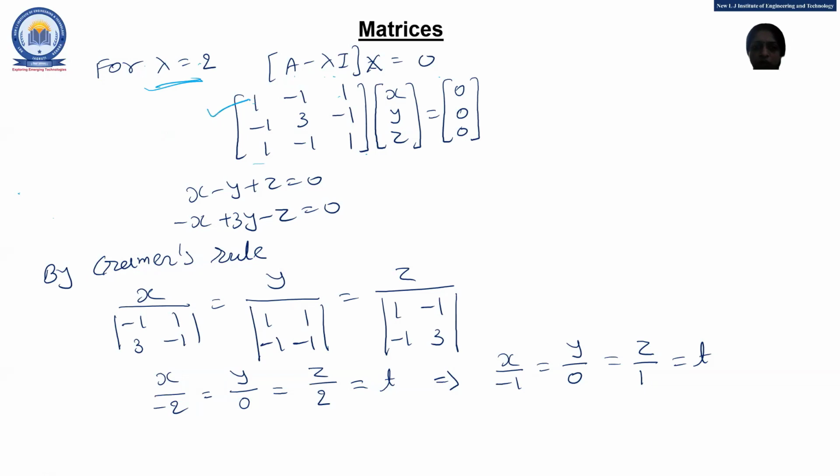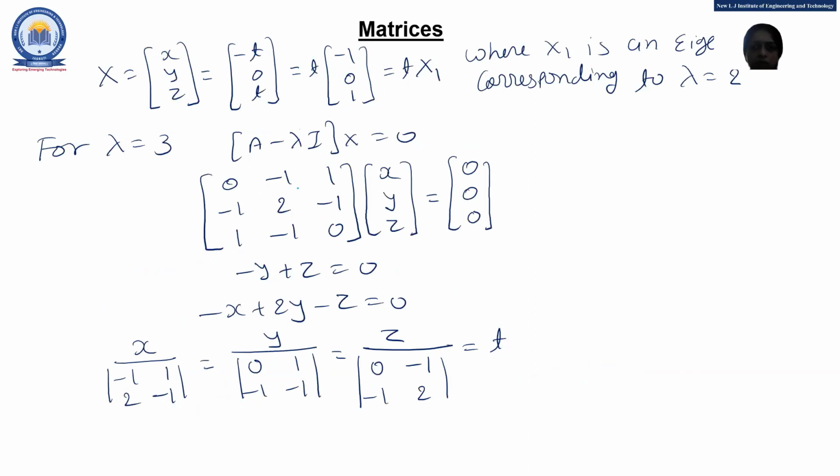From the first row, we have x minus y plus z equal to 0, and from the second row, minus x plus 3y minus z equal to 0. By applying Cramer's rule, we have the values of x, y, and z as minus t, 0, and t, right? If I take t common, my first eigenvector is minus 1, 0, 1. So this is the eigenvector corresponding to lambda equal to 2.